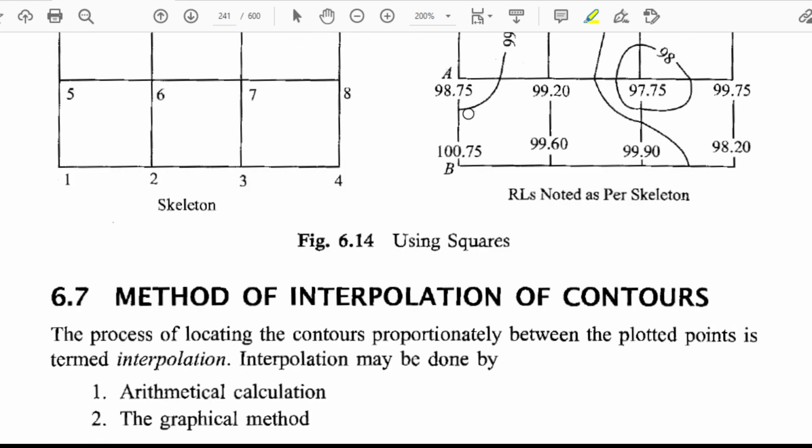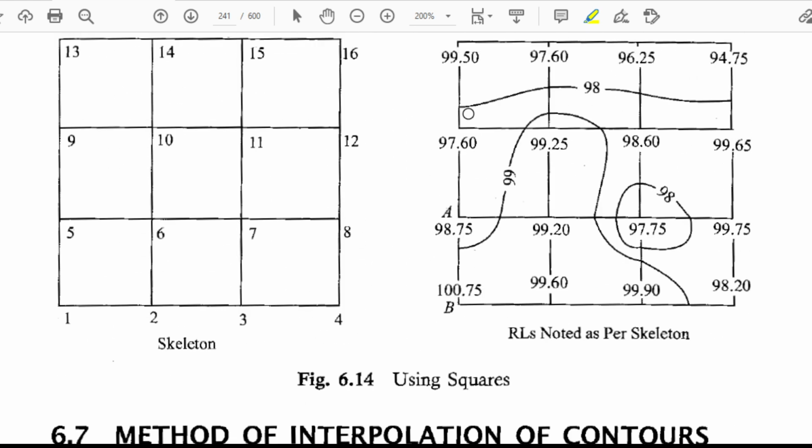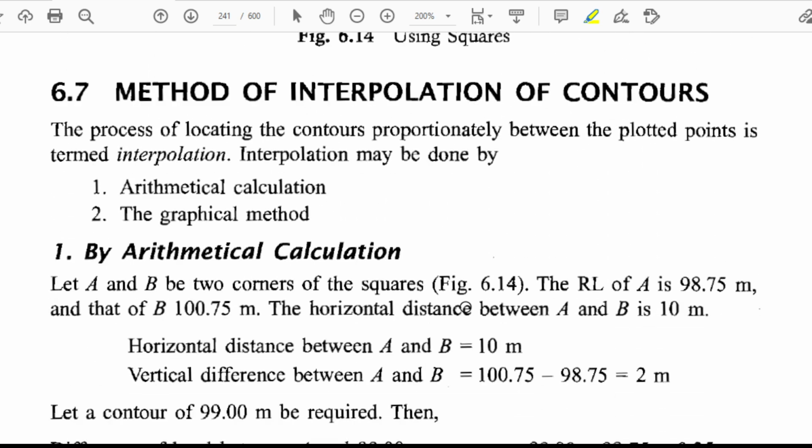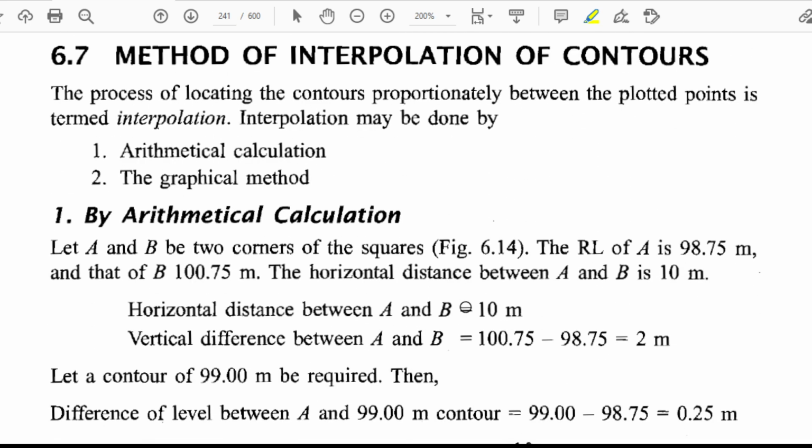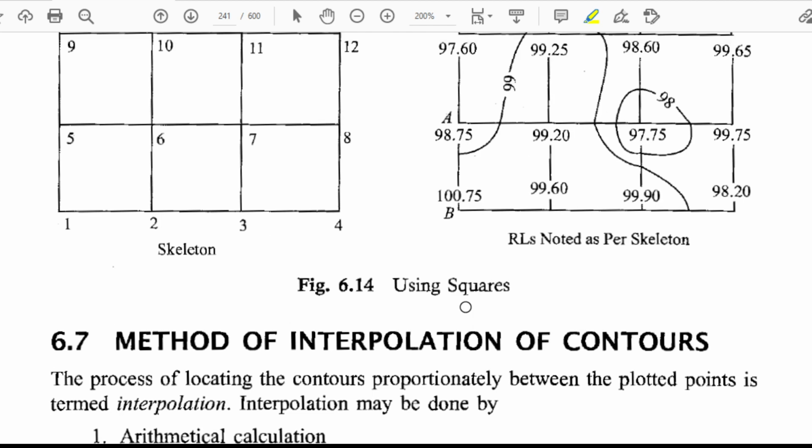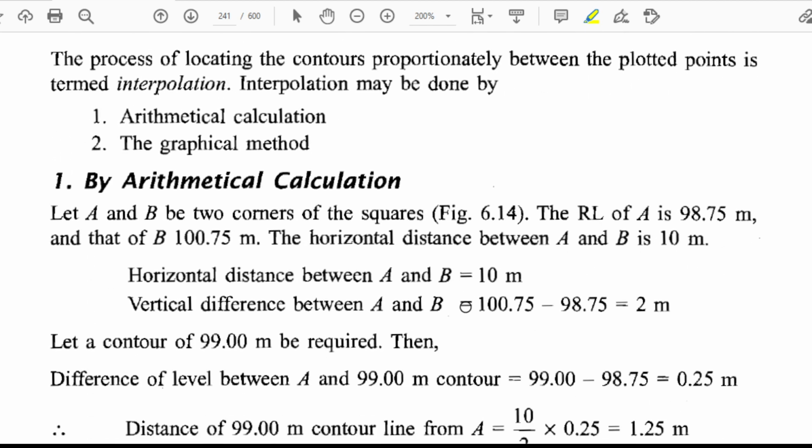We can see the diagram. Here A and this is B. The value of RL of A is 98.75 and value of RL of B is 100.75. And the horizontal distance between these two is 10 meters.